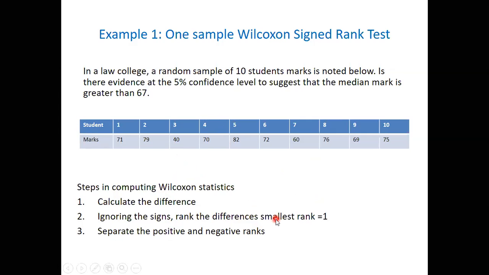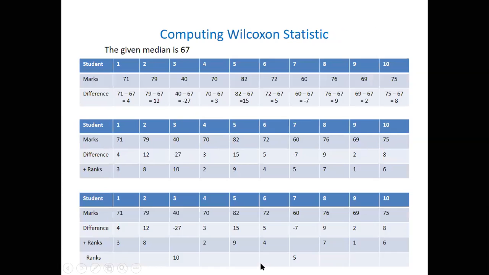It's different. For the one sample t, you calculate the mean of the group and remove the population mean from it. But here, you first of all remove the median from each individual observation. So look at it, calculate the difference, ignoring the sign.